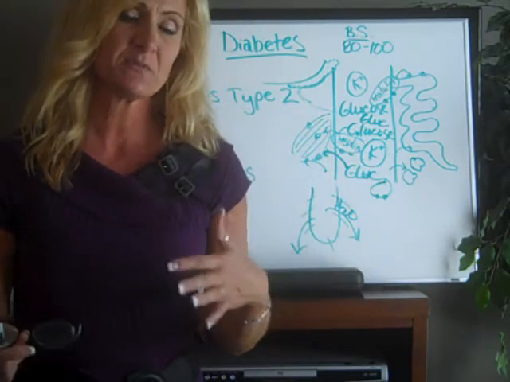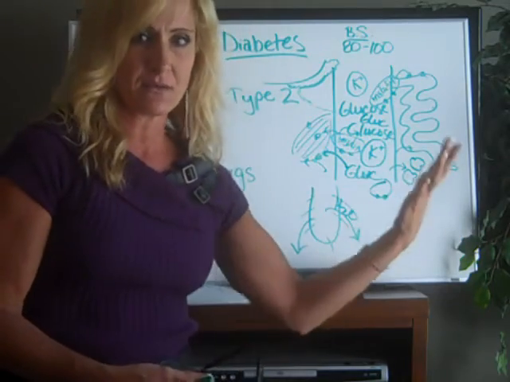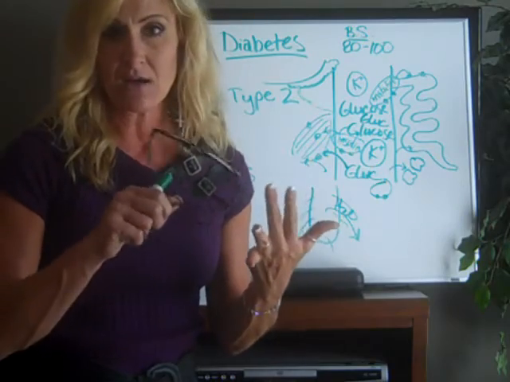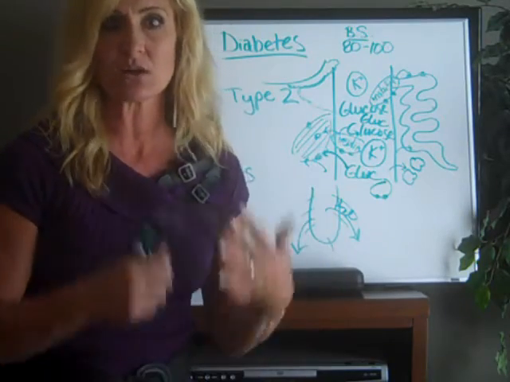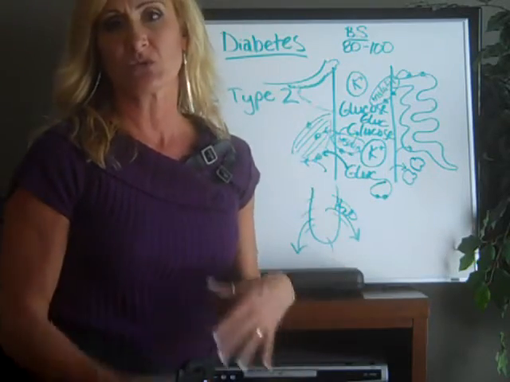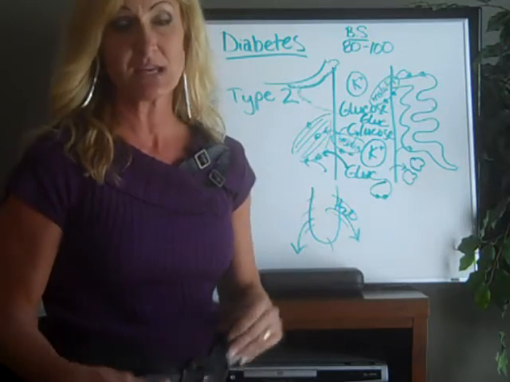And then you would want to implement things to avoid developing type 2 diabetes, like a healthy diet, exercise, lots of water, things like that to help improve the patient's overall health, so that hopefully they don't develop type 2 diabetes.